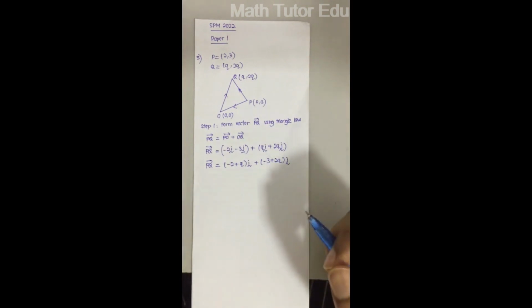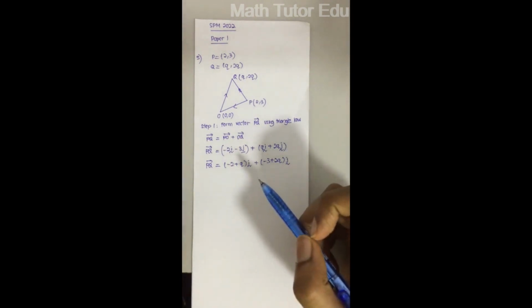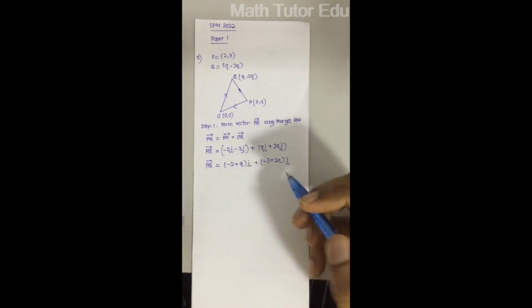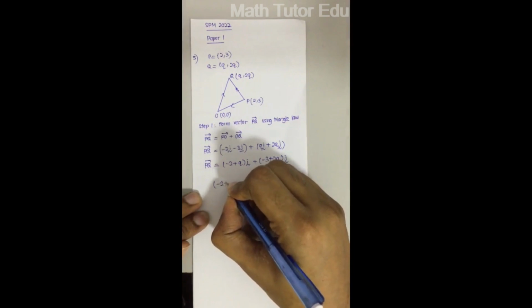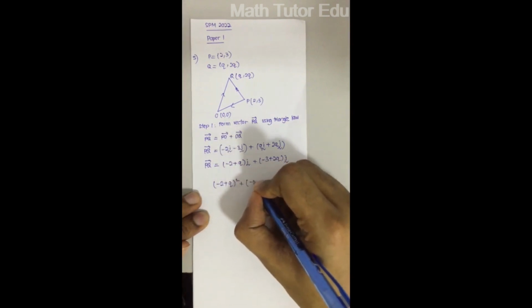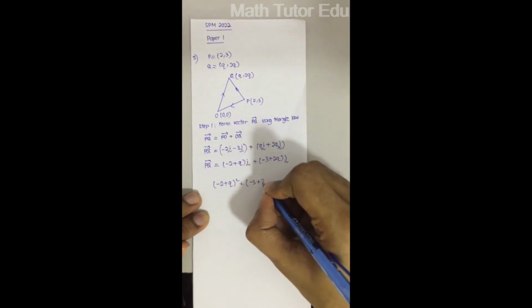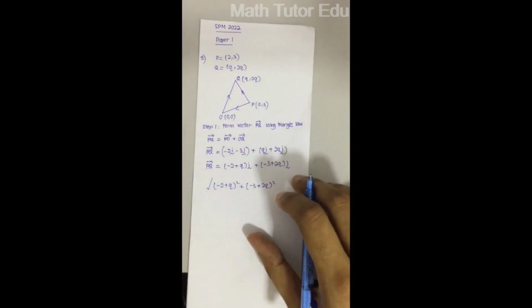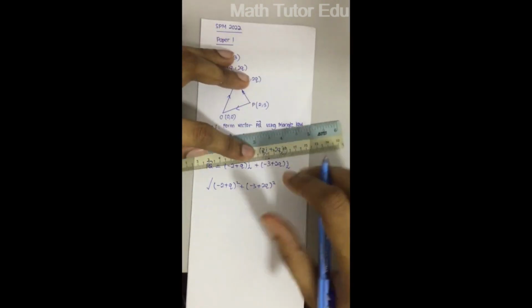Like I explained earlier in this video, a unit vector means that the magnitude of the particular vector is equal to 1. So the square root of (-2 + q) squared plus (-3 + 2q) squared. Not to forget the square root, since we are calculating the magnitude, guys.